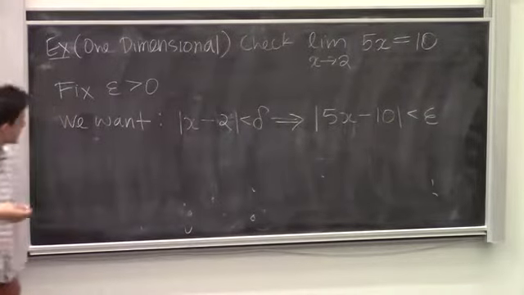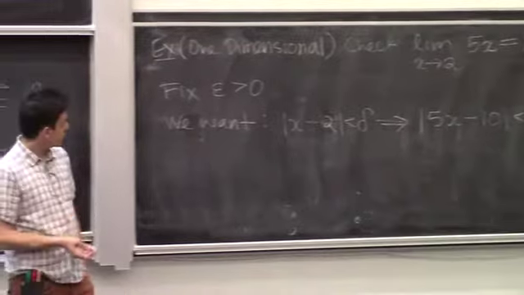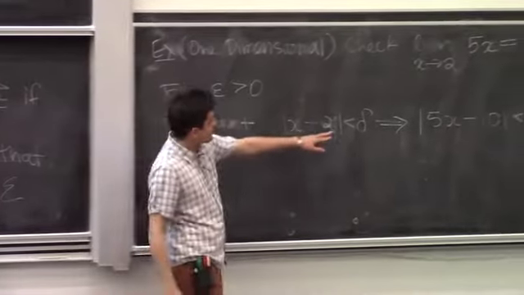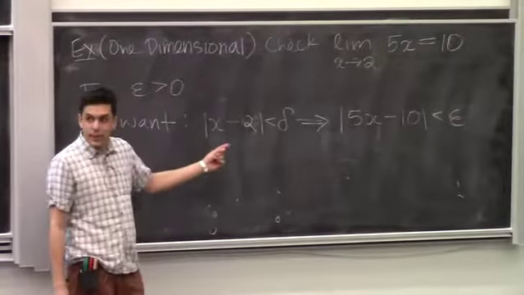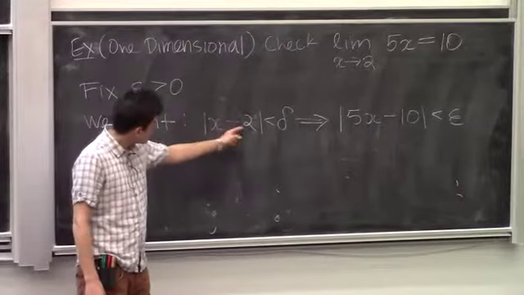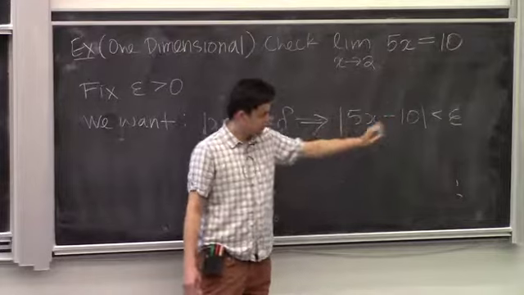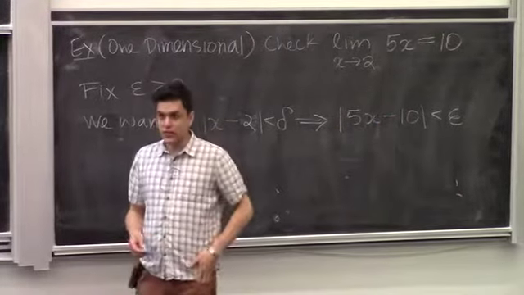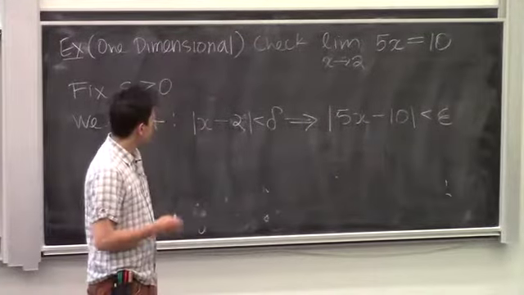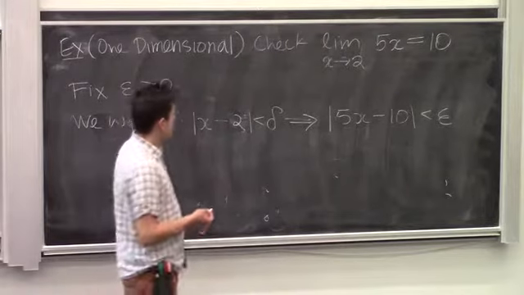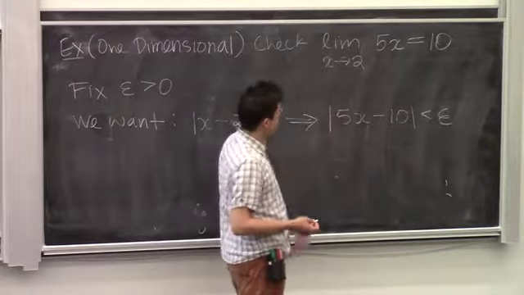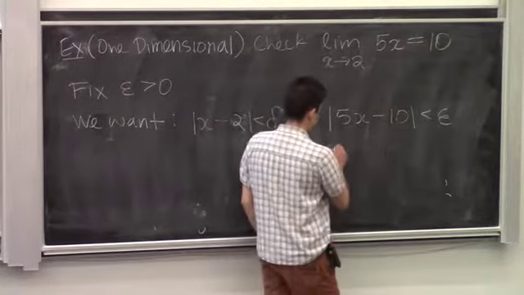So our goal is to find a delta so that if x is closer to 2 than delta, then 5x is close to 10. So what we do is we observe this 5x we can factor out.